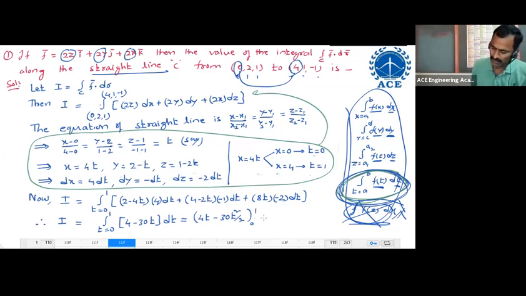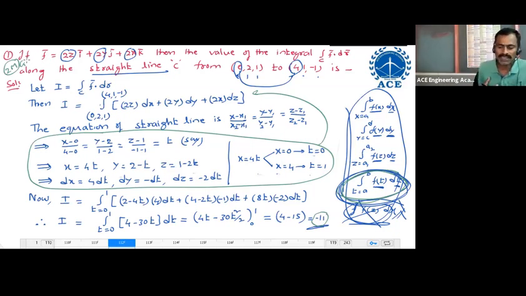Therefore I equal to 4 minus 30 by 2, which is minus 11. It is the answer. This is a 2 marks GATE question.